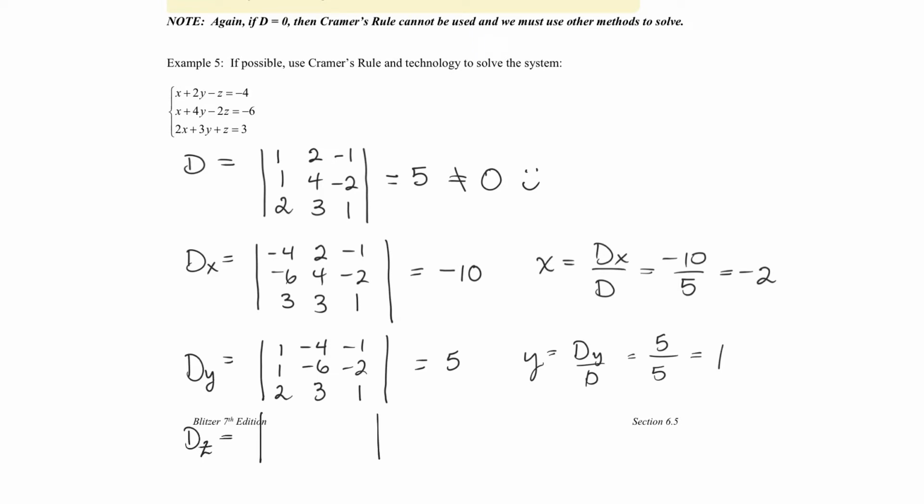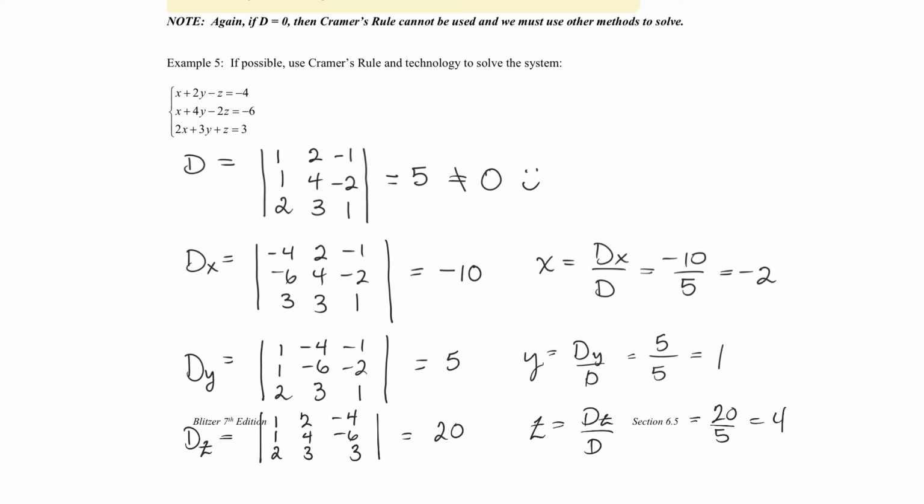So I'm going to leave the coefficients of x and the coefficients of y alone, and I'm going to replace the coefficients of z with my constants. Use my calculator to evaluate that determinant, and it's equal to 20. And so z is D sub z divided by D, which is equal to 20 divided by 5, or 4.